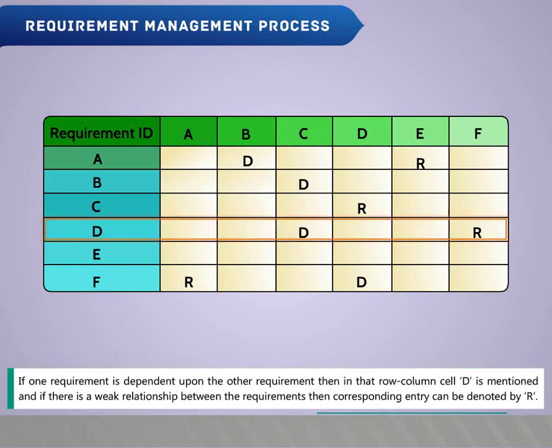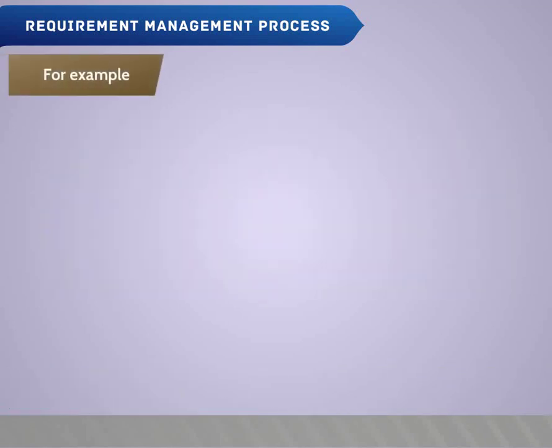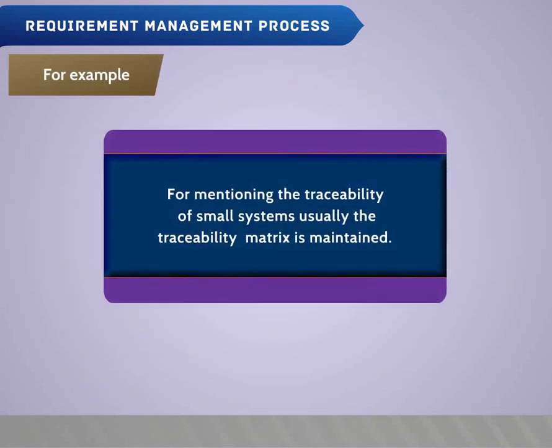If one requirement is dependent upon another requirement, then in that row and column cell, D is mentioned, and if there is a weak relationship between the requirements, then the corresponding entry can be denoted by R. For example, for mentioning the traceability of small systems, usually the traceability matrix is maintained.